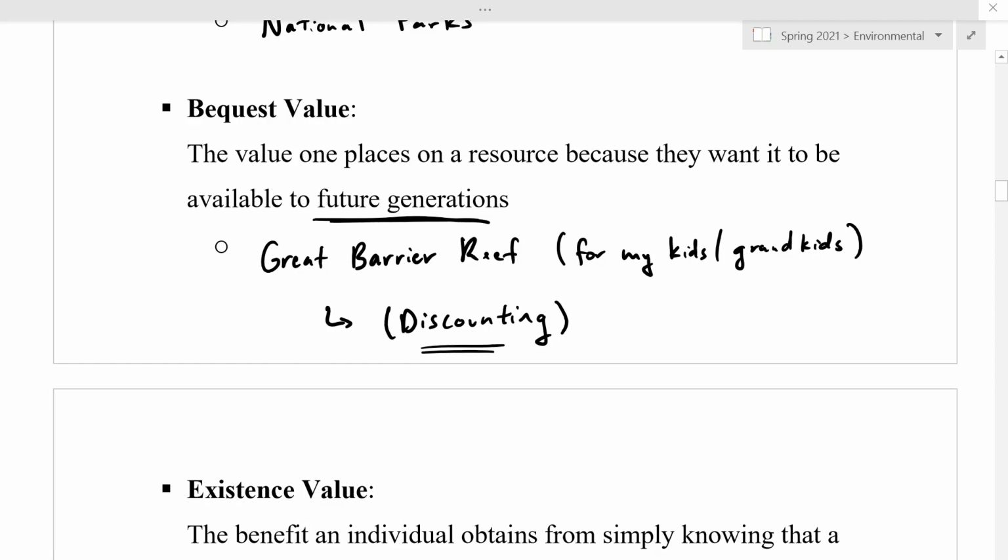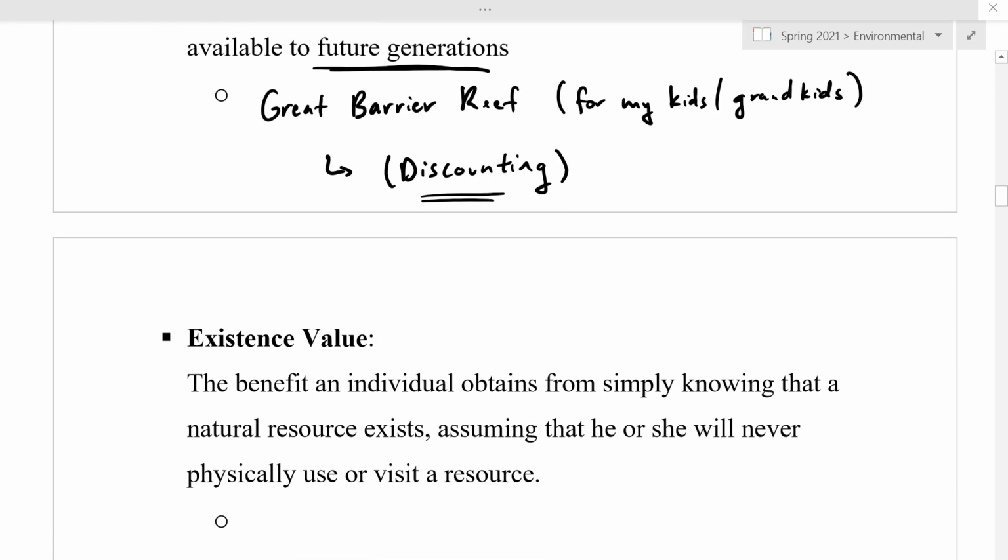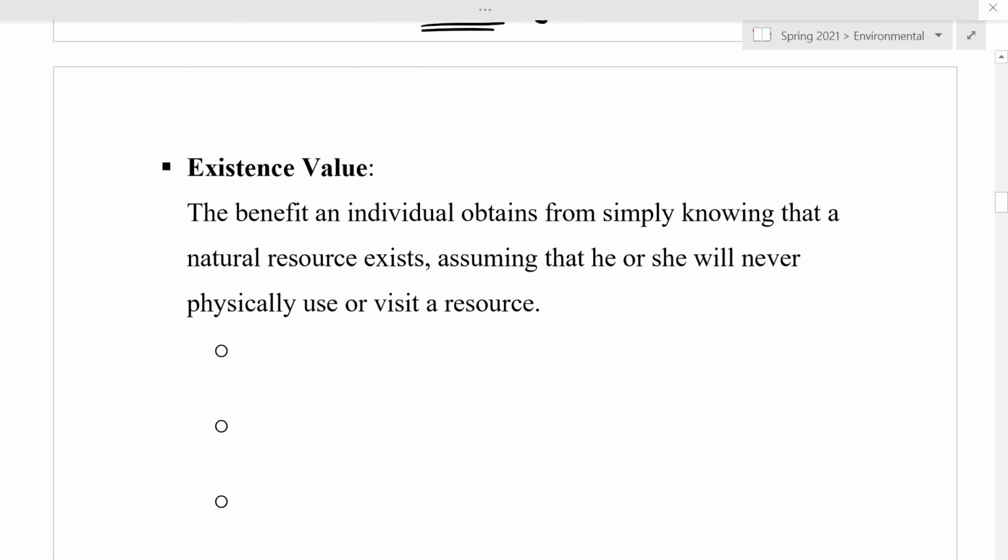But discounting is thinking about the trade-off between near term and long term. So bequest value is thinking about future generations: I bequest this natural resource to my children, for example. And then the last one is existence value. Again, I'm going to use the Great Barrier Reef as an example, among others.